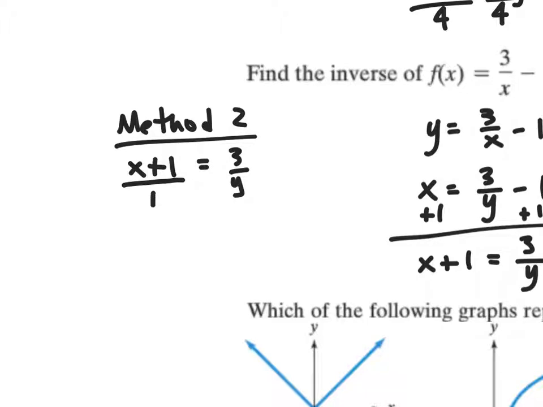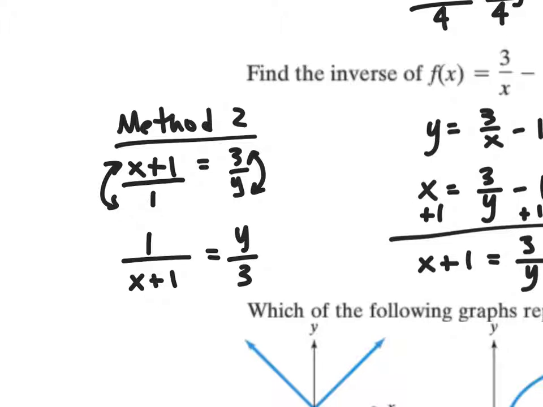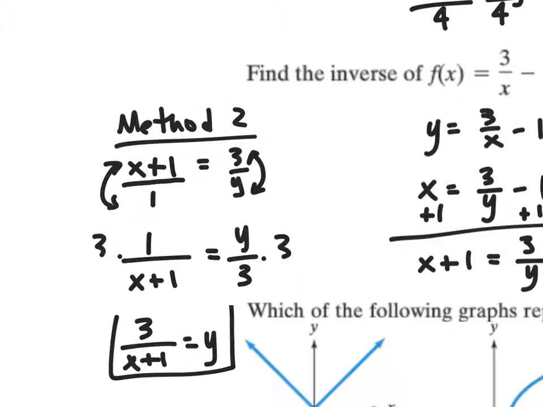And then the next step that I could do is take the reciprocal of both sides. And that would give me 1 over x plus 1 is equal to y over 3. And then I can multiply by 3 on both sides and get 3 over x plus 1 is equal to y. And so you could do it that way too.